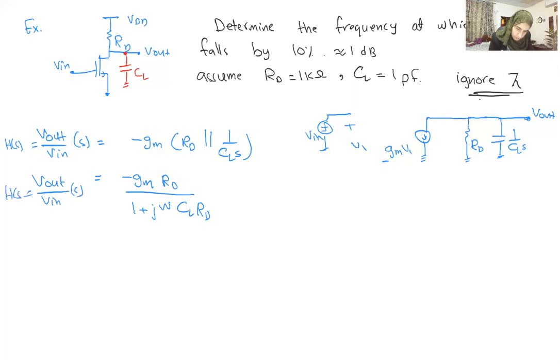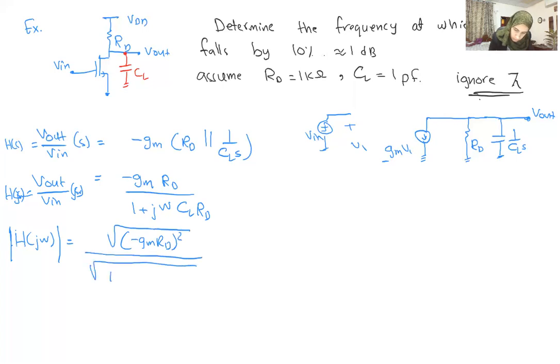Now we want to find the magnitude of this transfer function. So this here, sorry, H of J omega is equal to the square root of minus GM RD squared over the square root of 1 squared plus omega squared CL squared RD squared.